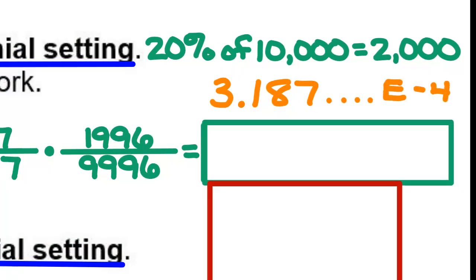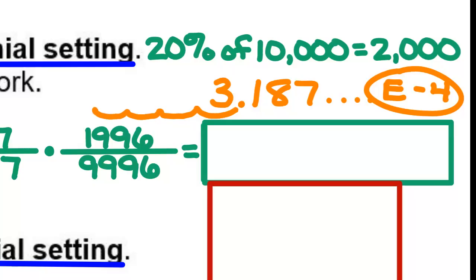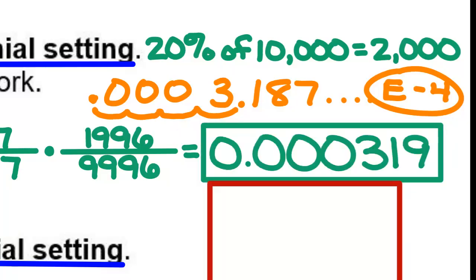E to the negative 4. You remember this means we need to move our decimal point 4 places, to the left. So 1, 2, 3, 4. The decimal point moves right here. Fill it in with zeros. So I went ahead and rounded this to 0.000319.